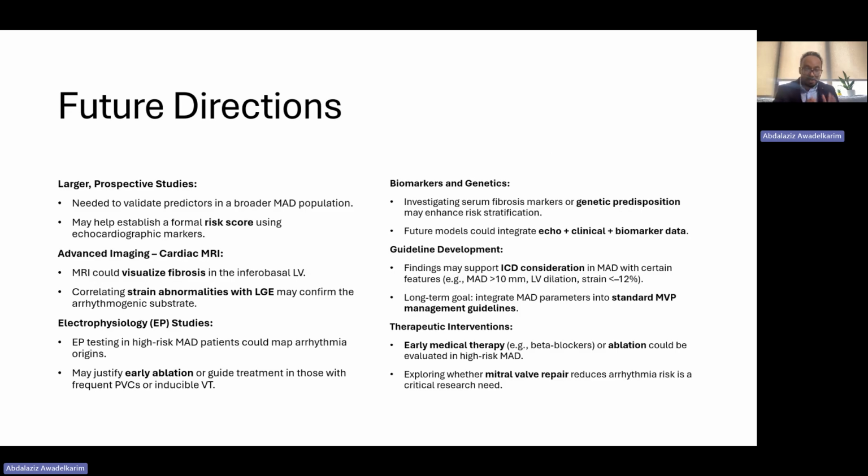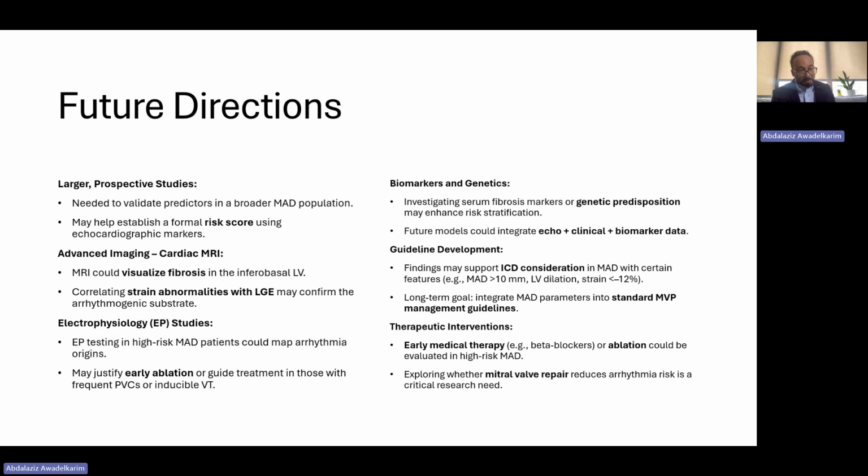Future direction. Basically, this research is more of an original study into the pathophysiology of MAD, and we were able to prove that getting a complete strain picture in people who have MAD, making sure that the quality is great on those strains, which we're going to describe in our published manuscript, can help you stratify those patients.